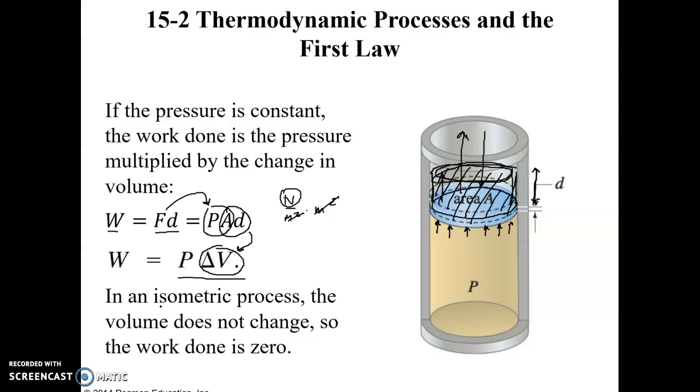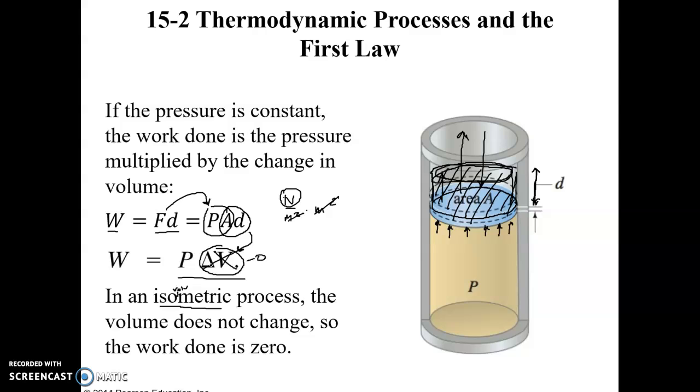Now, if we have an isovolumetric process, this is not going to change the pressure. I think that in fact this should be isovolumetric. An isovolumetric process, if the volume doesn't change, then that means the piston's not going up or down, so there's no change in volume.